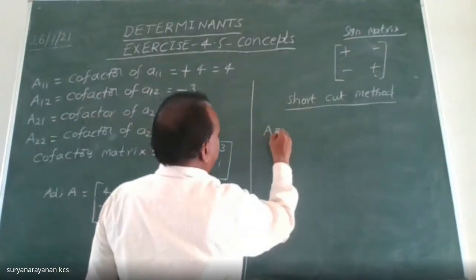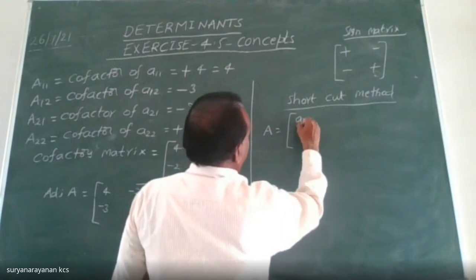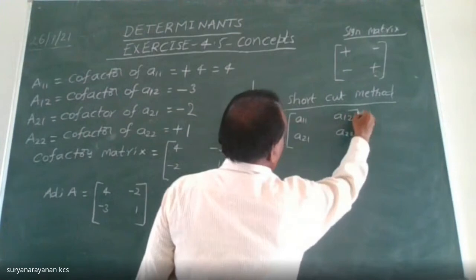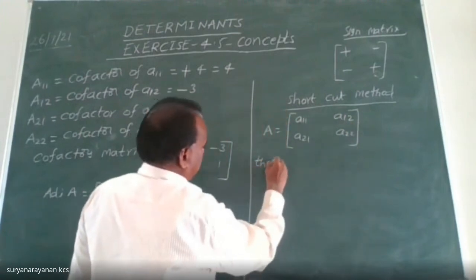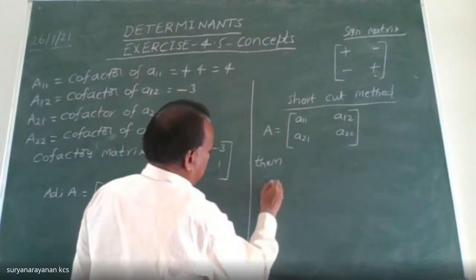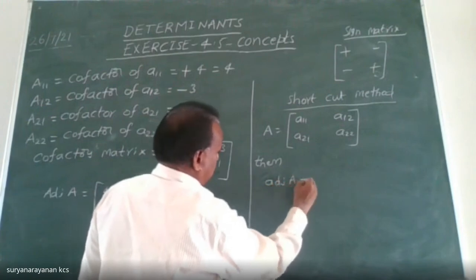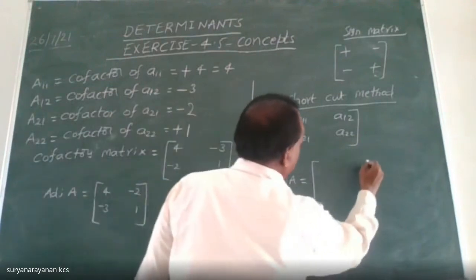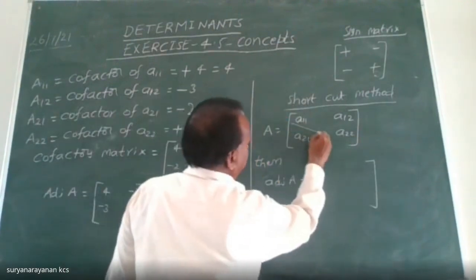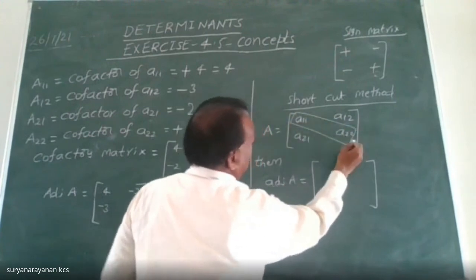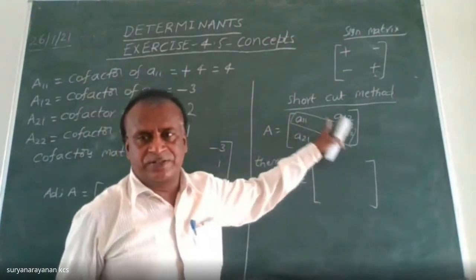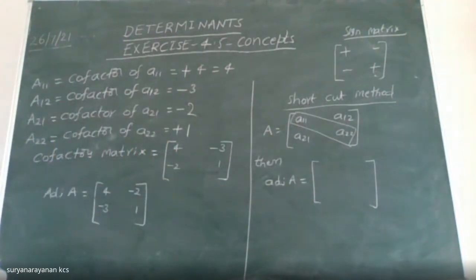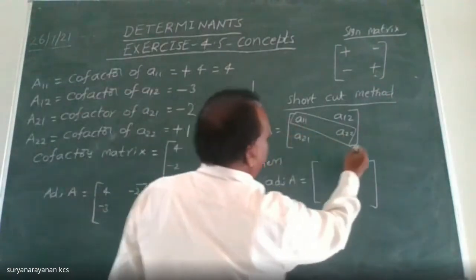Suppose A is equal to this, then adjoint A is equal to this: the diagonal elements change their position.